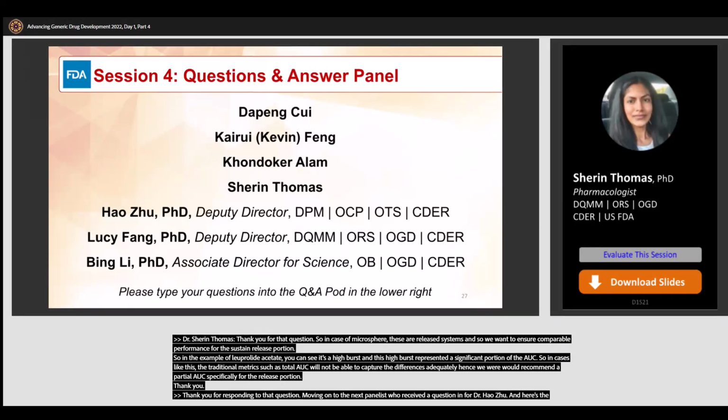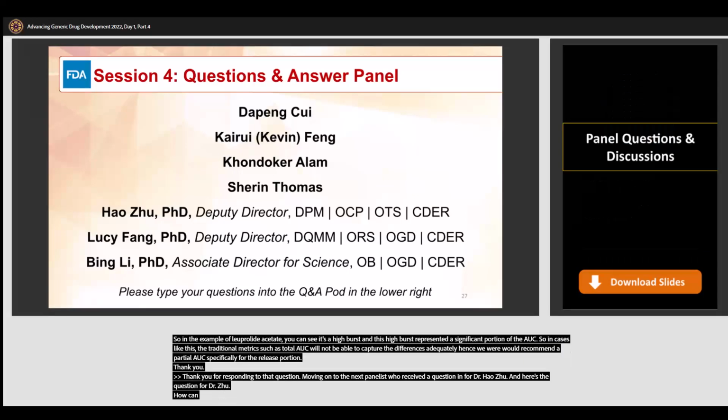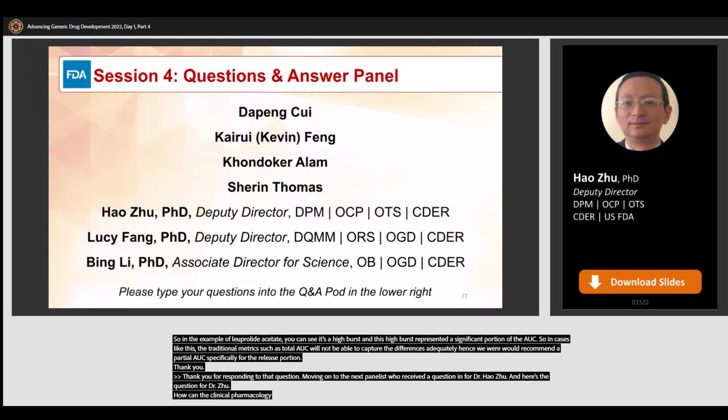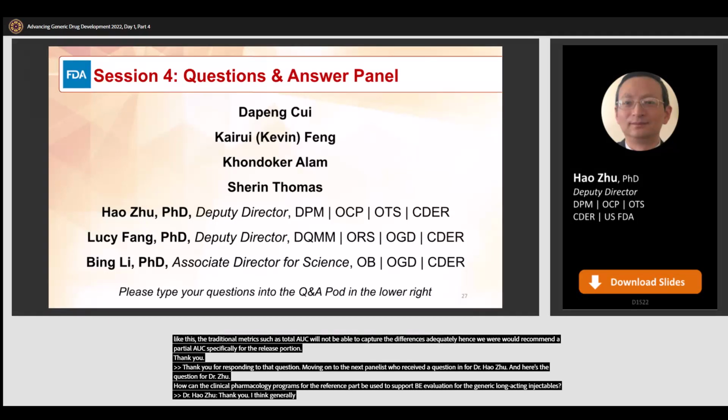How can the clinical pharmacology programs for the reference product be used to support BE evaluation for the generic long-acting injectables? Well, thank you. Generally speaking, clinical pharmacology studies are the basis for developing appropriate approaches for BE evaluation for long-acting injectables.